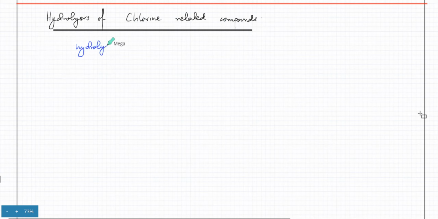This is what the overall reaction should look like: there is some R, the rest of the molecule, with a Cl, and you react it with water or with OH ions, and the water or the OH ions will substitute the Cl with OH, and you will get ROH. The Cl minus would get knocked out.